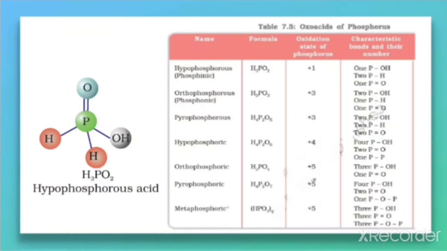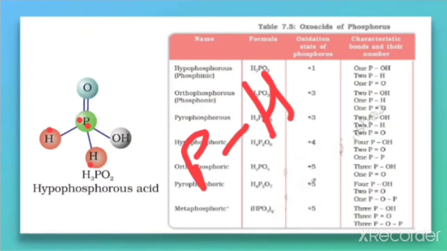Now the reducing property: the acid which contains a P-H bond has strong reducing properties. So here there are two P-H bonds. So this acid having P-H bonds has strong reducing properties.